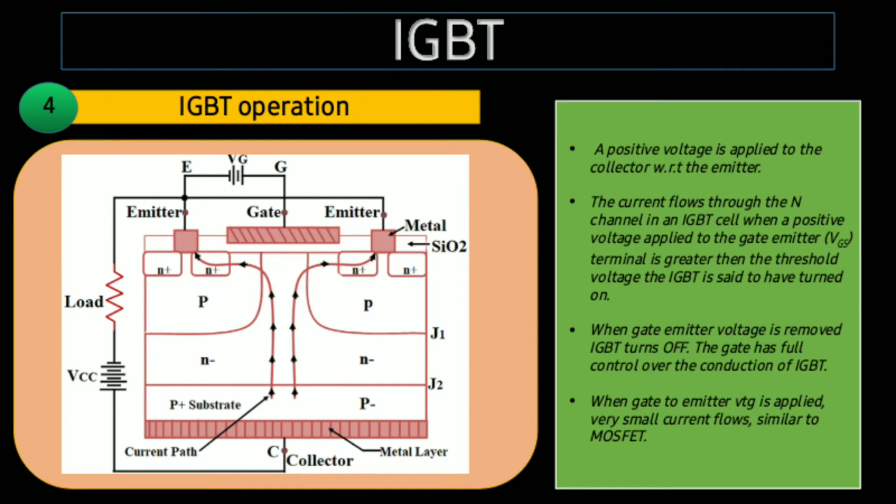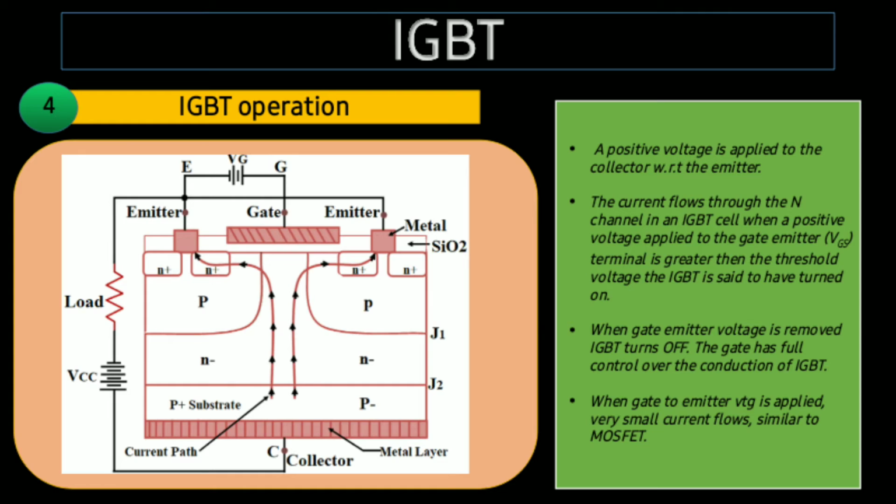When we apply more voltage to the gate terminal, a channel forms near the junction J2, which allows current to flow from the collector to the emitter. In this picture, we can see the flow of current, represented as a current path. When the gate voltage VG is increased even more, the amount of current flowing from the collector to the emitter terminal also increases.